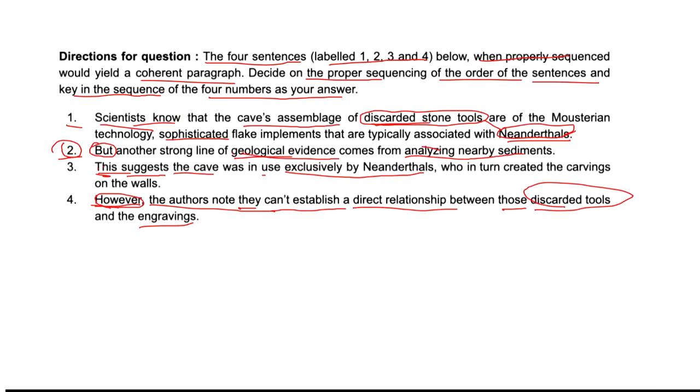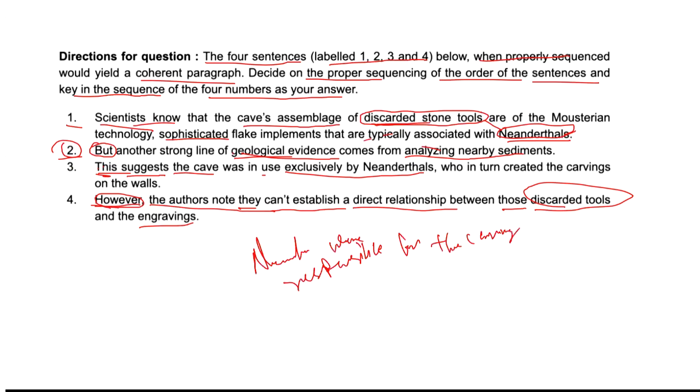It provides an additional piece of information that supports the idea that Neanderthals were responsible for what? Responsible for the carvings, isn't it? Carvings. After the reader has been introduced to the main context.